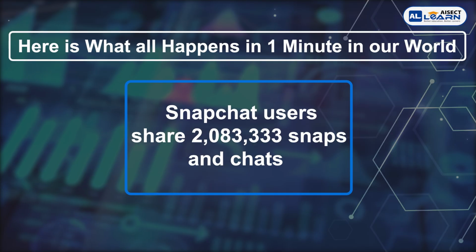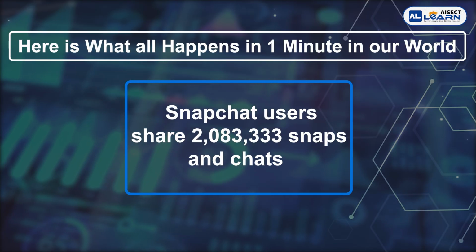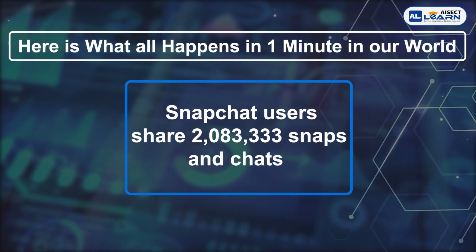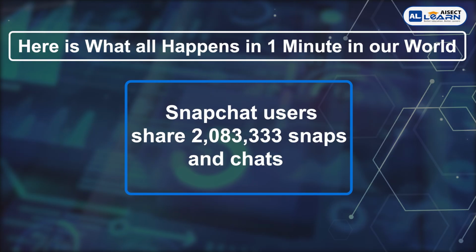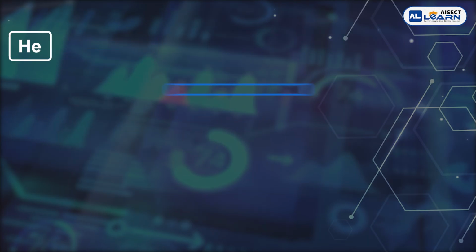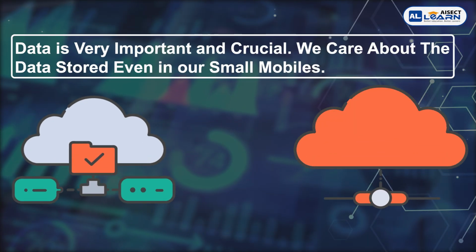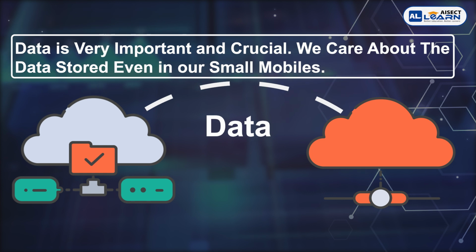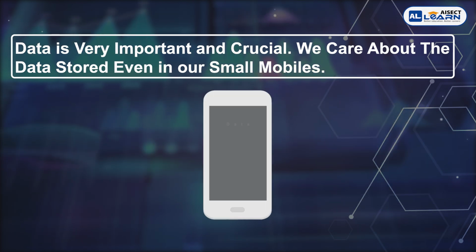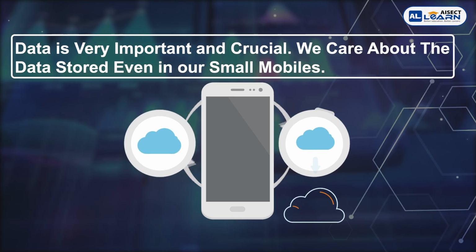This is what is happening in one minute. In one week, what will happen? In one year, what will happen? I'm leaving that to your imagination. So everywhere it is data. Data is very important and crucial. We care even about our small mobile data.